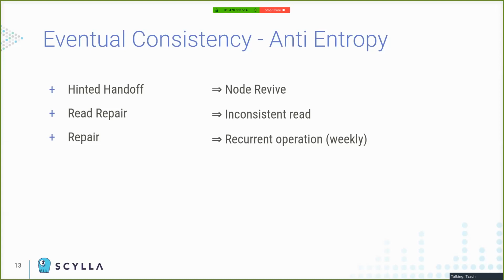Repair is a recurrent offline process that you usually run weekly. It basically synchronizes each 2 nodes or each 3 nodes with a replica with each other, regardless of what the difference was before. After a repair is successfully completed, you know for a fact that the data is synchronized between all the nodes.